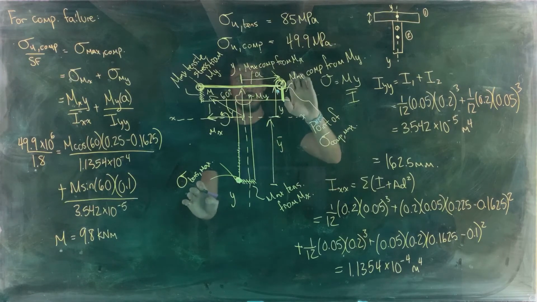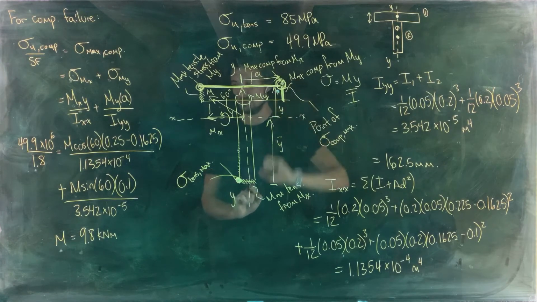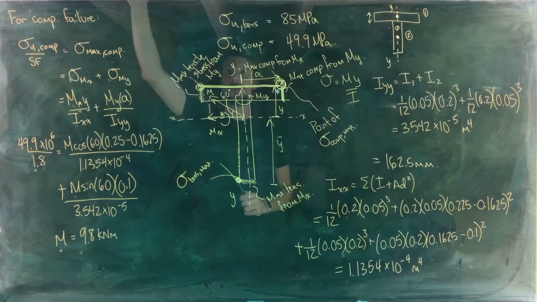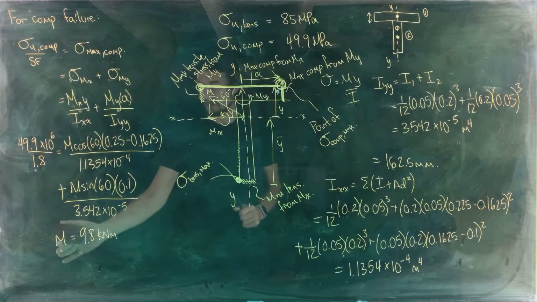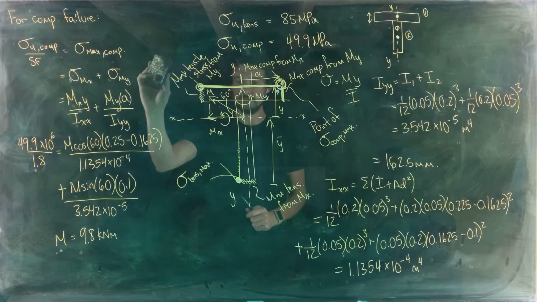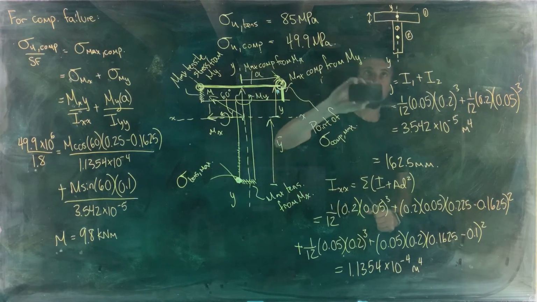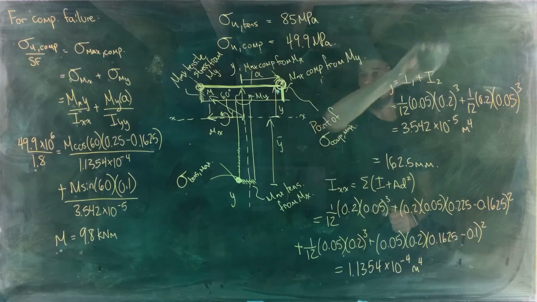So it's not clear which one of these points is going to be the limiting point in terms of maximum moment. So we need to check what the moment for tensile failure will be as well. So let's go ahead and do that, and we'll just do it right up over on this corner of the board.